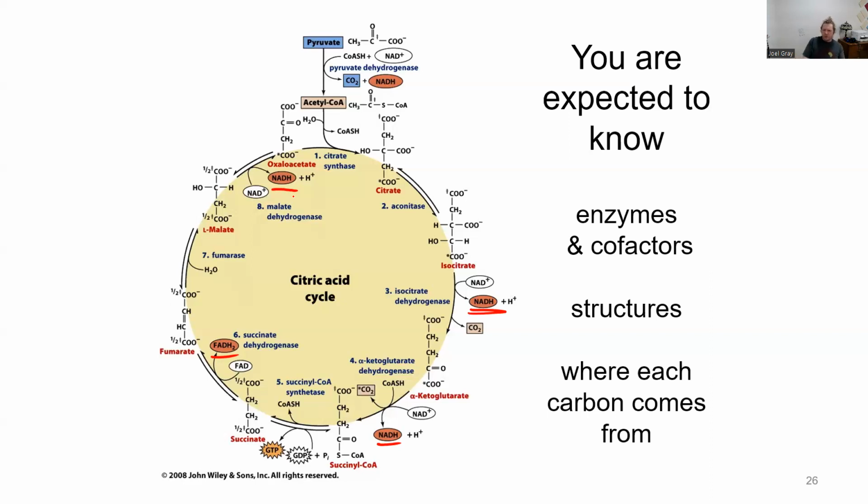Now, this last item, where each carbon comes from, I touched on this a little bit, but I'd like to go ahead and elaborate upon that. If we look at the top here, our pyruvate molecule, the first thing that we're going to do with the E1 subunit of the pyruvate dehydrogenase complex, we have CO2.